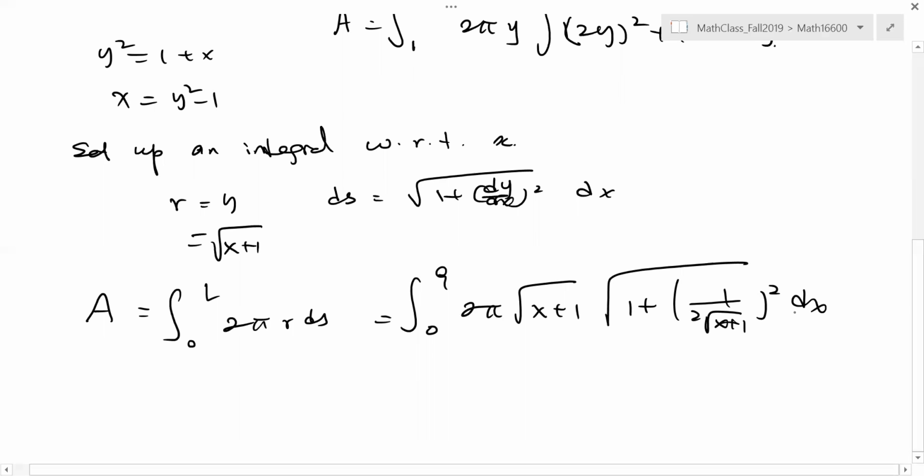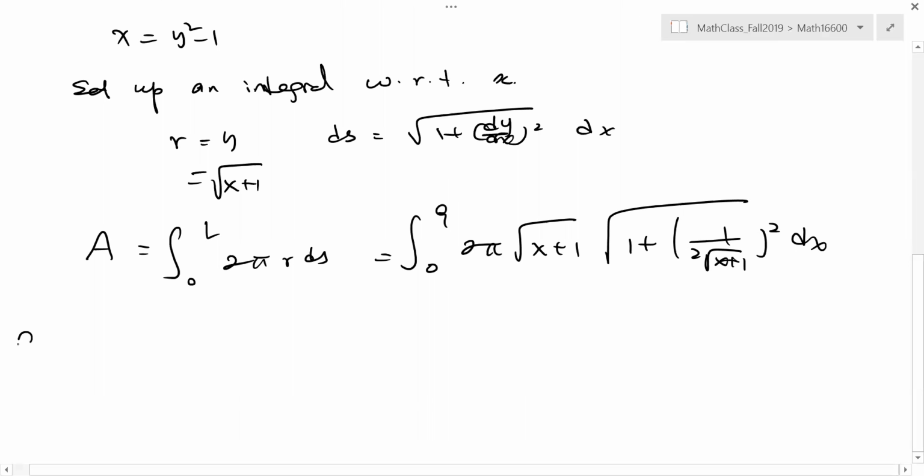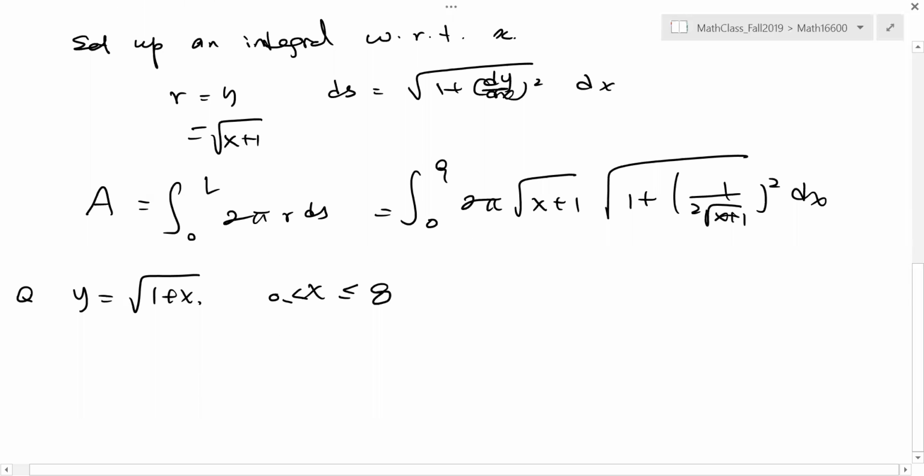I'm going to ask you to do the problem again, but this time the surface is still y equals the square root of 1 plus x, but x is between 0 and, let me put 8 here, okay? Make it easier, I don't want the square root of 10. The rotation is about the y-axis.